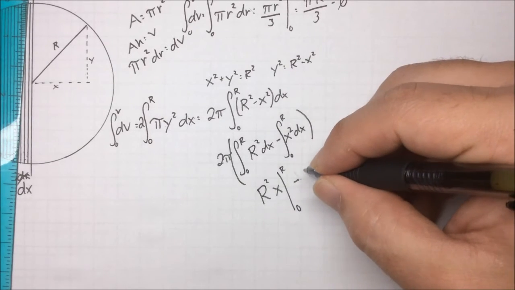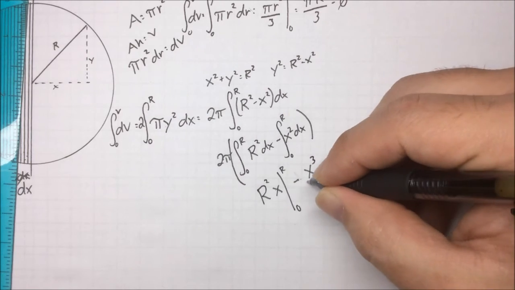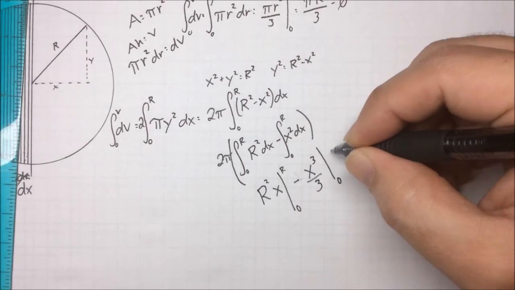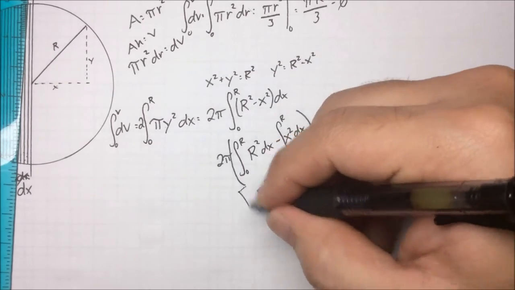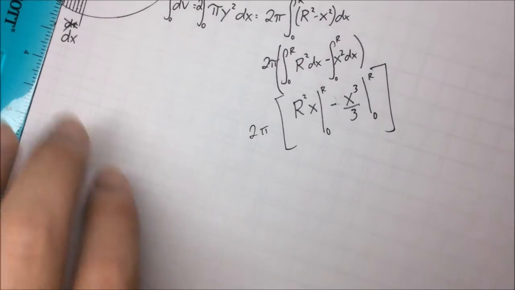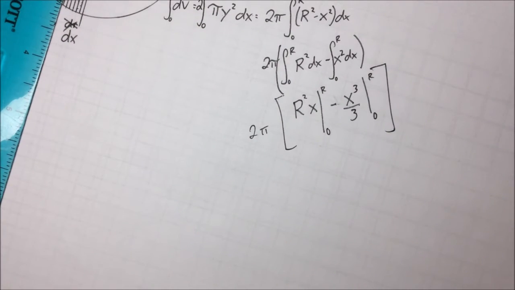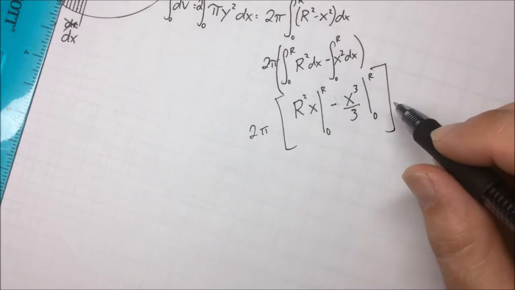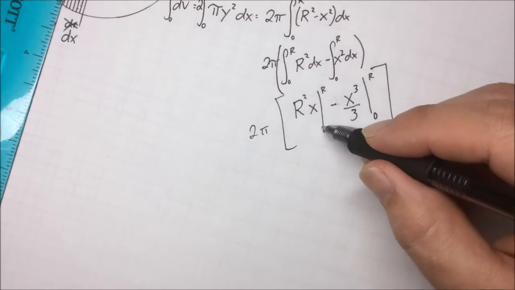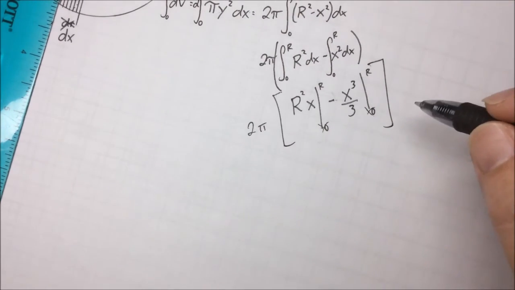So x squared becomes x cubed over 3. And we're going to go from 0 to r. And let's not forget about our 2 pi that's on the outside. Okay? So what happens whenever you plug in r here, and what happens when you plug in 0? When you plug in 0, you get nothing. So I'm not even going to worry about plugging in 0. But I'm going to worry about plugging in r.